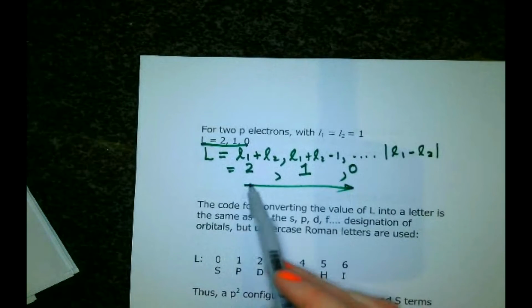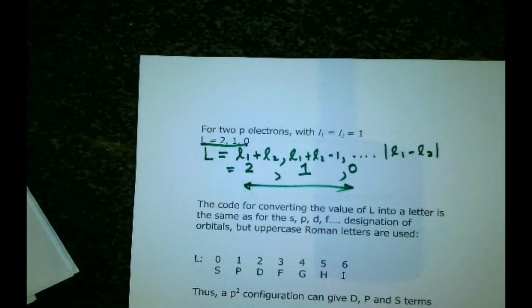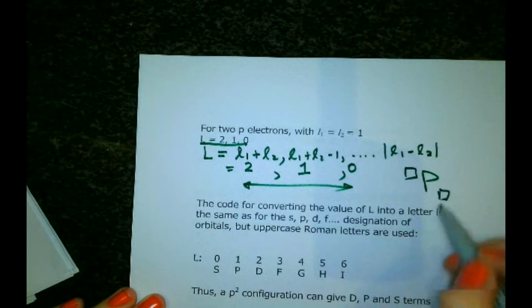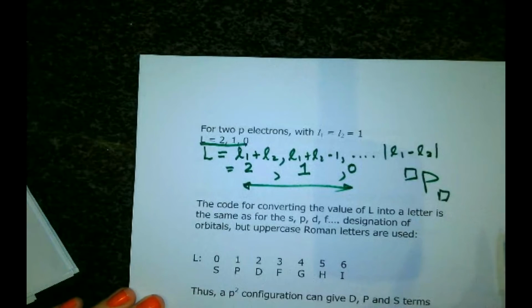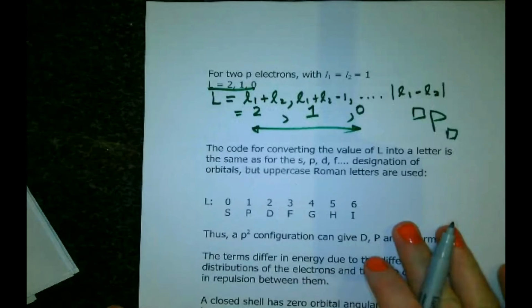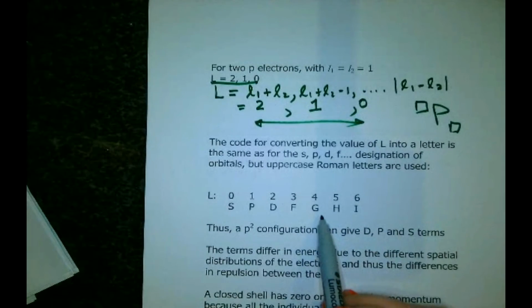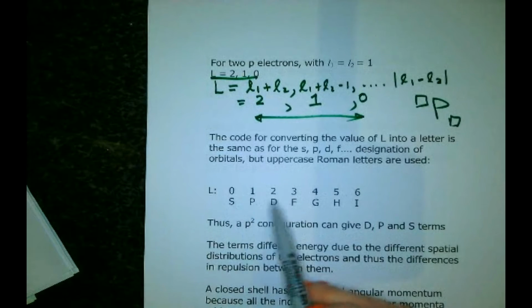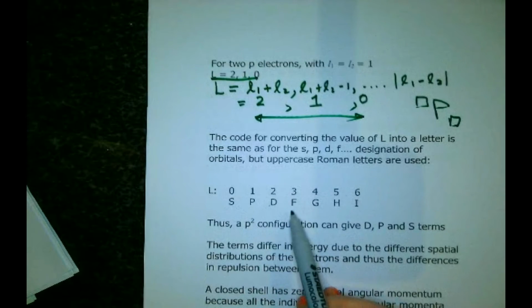Now once you have the L values, you can get the symbol. Remember that letter that we need for the term symbol. And this is exactly the same as for the orbitals. If L is 0, your symbol is S. If L is 1, it's a P, 2, it's a D, etc. So this is just uppercase letters, not lowercase.